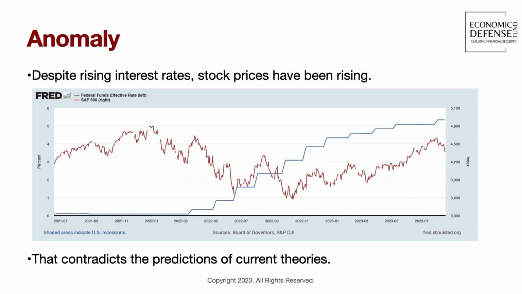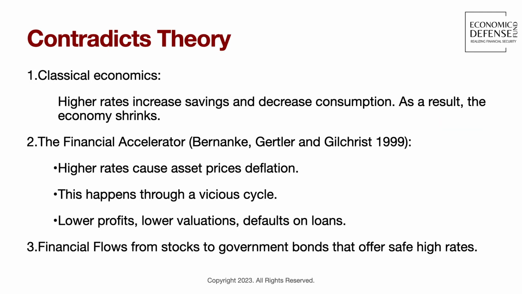And as you can see, despite the fact that the interest rate rose since about March or April 2022, stock prices began rising again in about October of 2022 until about August 2023. And that contradicts the predictions of current theories.